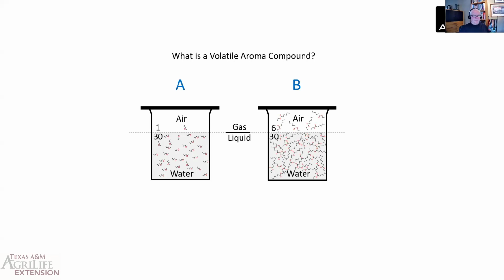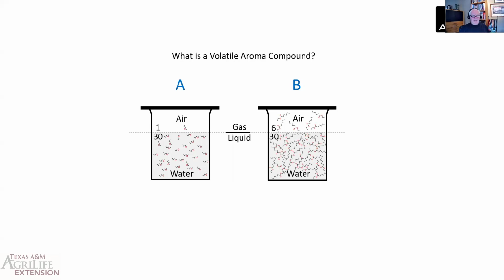And after an appropriate amount of time, we would measure the compounds in the air and in the liquid in the water. And in example A, beaker A, you see there's one compound in the air, but 30 in the water. So the gas to liquid ratio is 1 to 30.